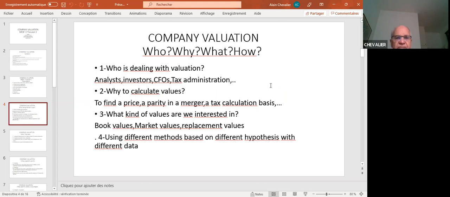Which means, when you calculate a value using one method based, for example, on book value, and another one based on market value, and you use a model integrating a beta or a terminal value, you will never find exactly the same data. You will find different values. So we will use different methods and we will get different values.